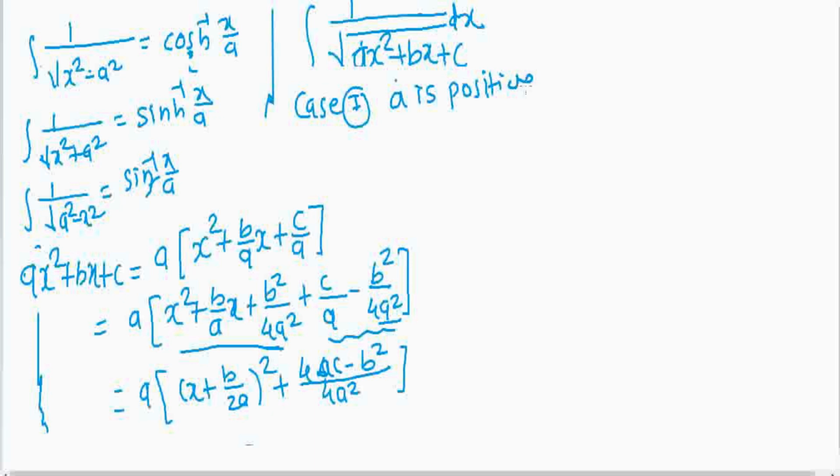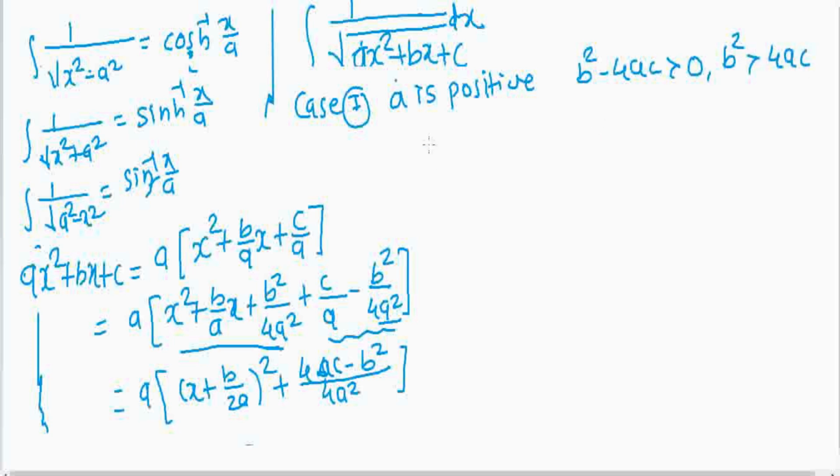Suppose a is positive, and suppose b square minus 4ac is greater than 0. That means b square is greater than 4ac.